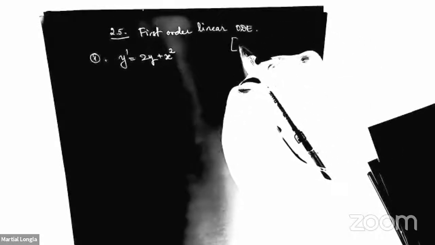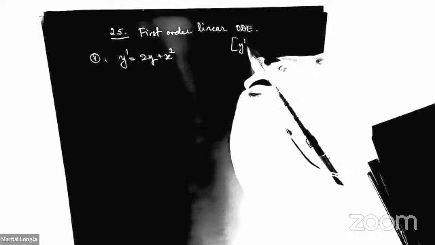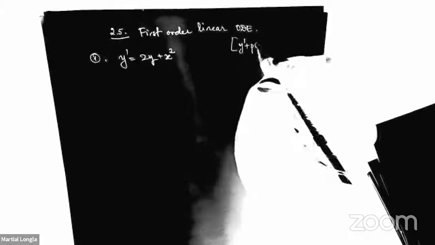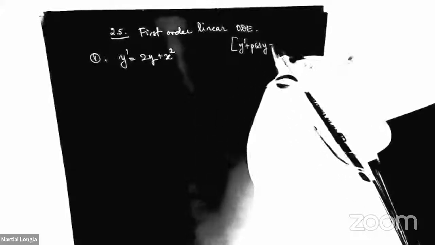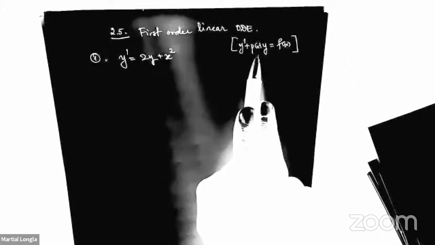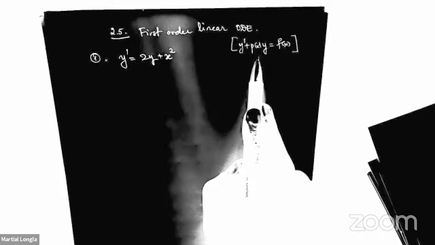The good thing is you need to bring this problem to the necessary form, the standard form, which is y prime plus p of x y equals f of x. No matter how the problem is given to you, bring it to that form before you start.